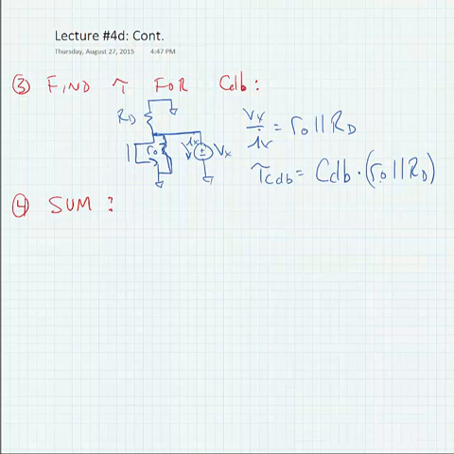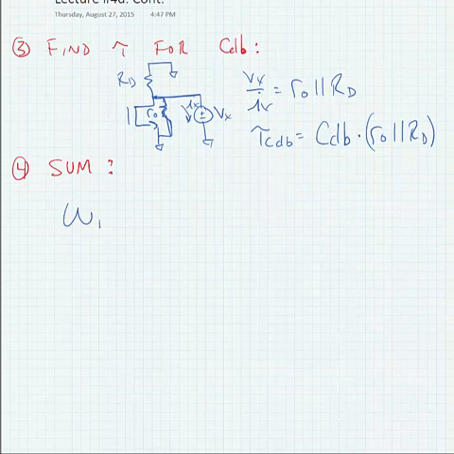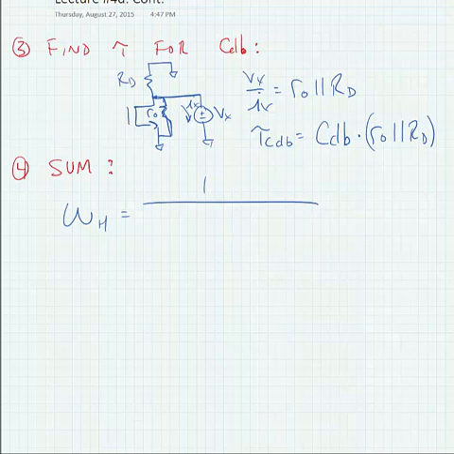Okay, so we have 3 time constants, and what we're going to assume is that they just form one dominant pole. So our pole frequency can be calculated as omega h equal to 1 divided by the sum of those time constants.